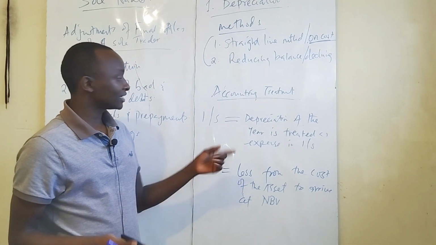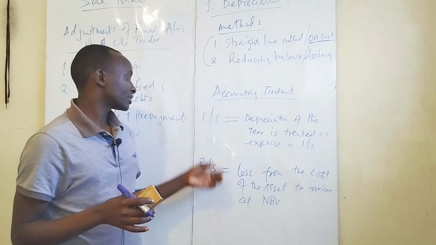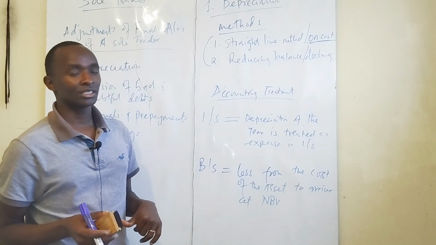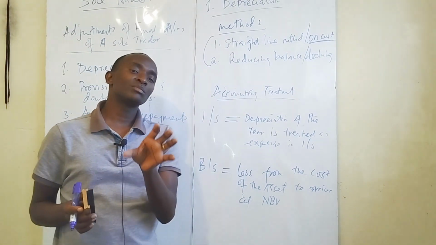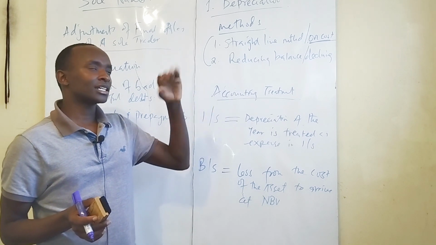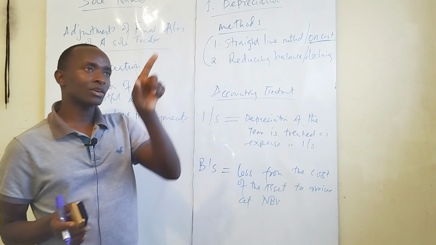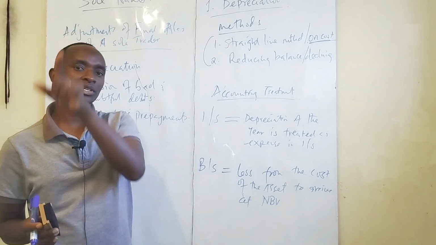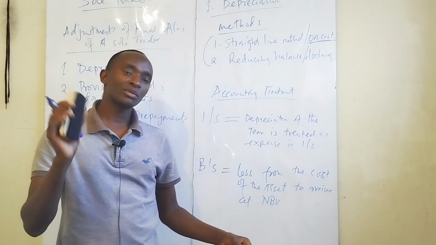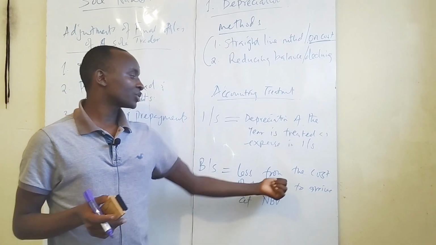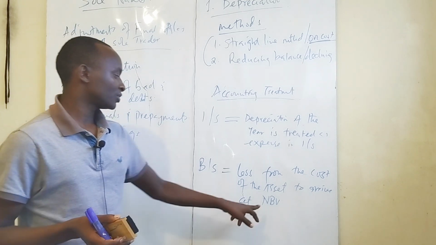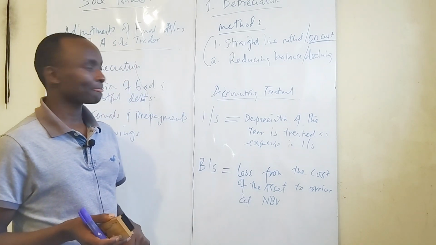So basically, what we did is cost minus depreciation, you find the net book value. That is what you do in the balance sheet. From our format of the statement of financial position, under non-current assets, if it's a motor vehicle, you say motor vehicle, the cost minus accumulated depreciation, so that you get the net book value. What forms part of the accumulated depreciation is the depreciation of that year, and then you add the depreciation of previous years so that you arrive at the net book value, right?